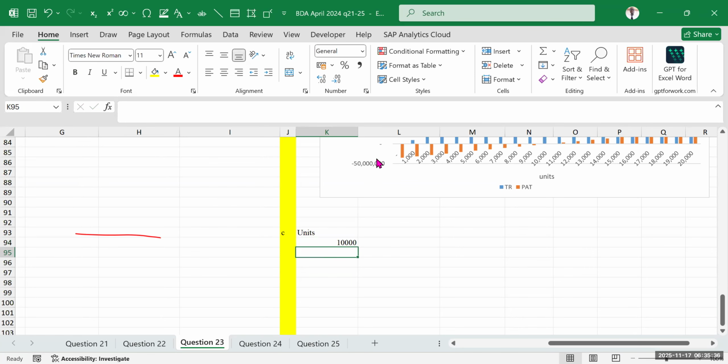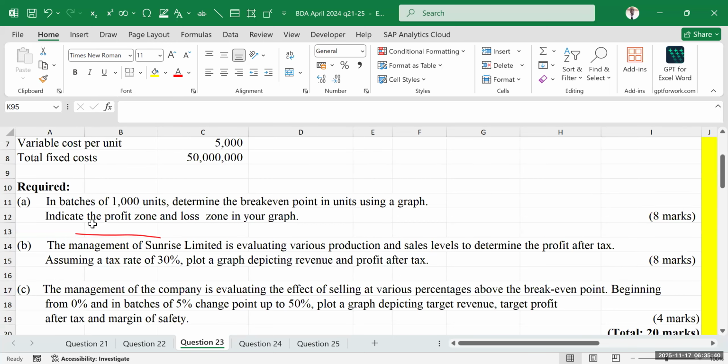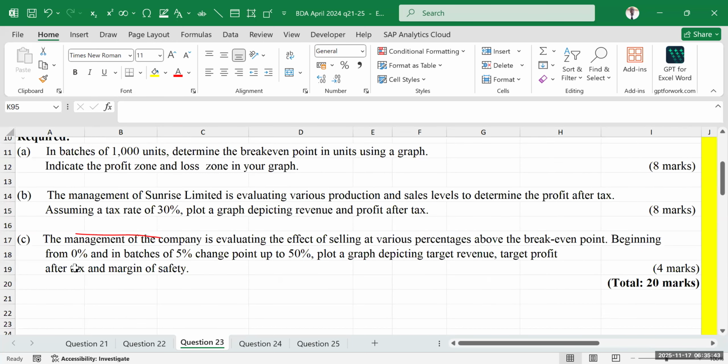Let me read the question and we finish. They were saying, evaluate the effect of selling at various percentages above the break-even point, beginning from 0% and in batches of 5% change up to 50%.